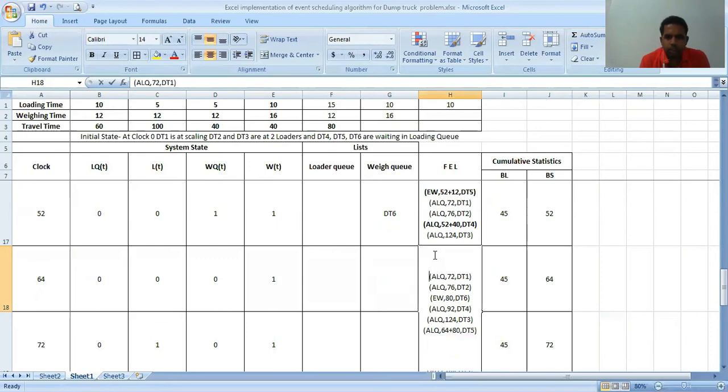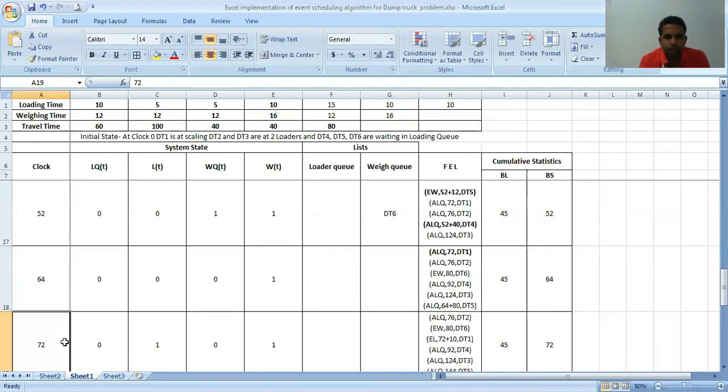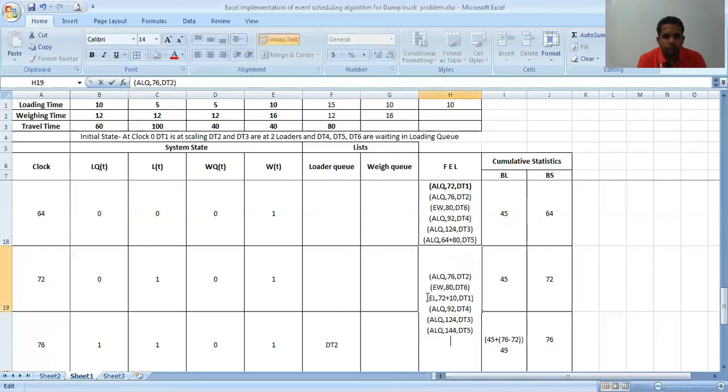Next imminent event is the arrival of dump truck 1 into the loading queue at the 72nd minute, which is going to be updated. So the clock is going to be advanced to 72 clock time, and because no one was there in the queue, DT1 will be going for loading, and you have to include the notice of DT1's end of loading in the event notice.